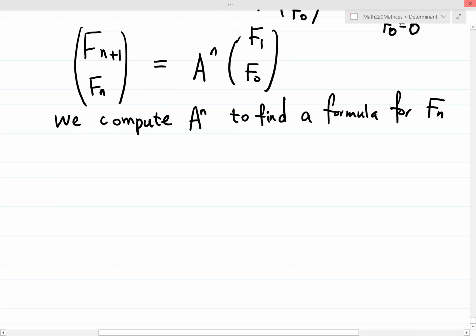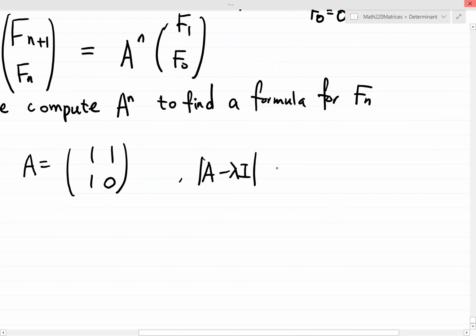To diagonalize the matrix A, we do the following. Remember, we need eigenvalues and eigenvectors. So we first find the eigenvalues and eigenvectors for this matrix A, which is 1, 1, 1, 0. To find its eigenvalues we compute the determinant of A minus lambda I, i.e. the determinant of this 2 by 2 matrix, 1 minus lambda, 1, 1, negative lambda.